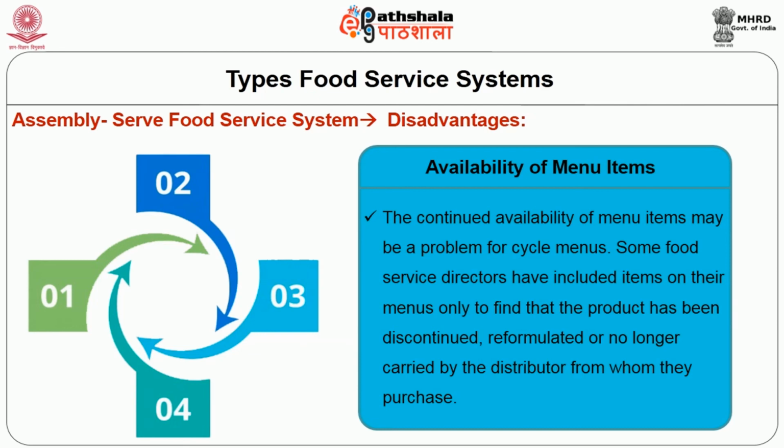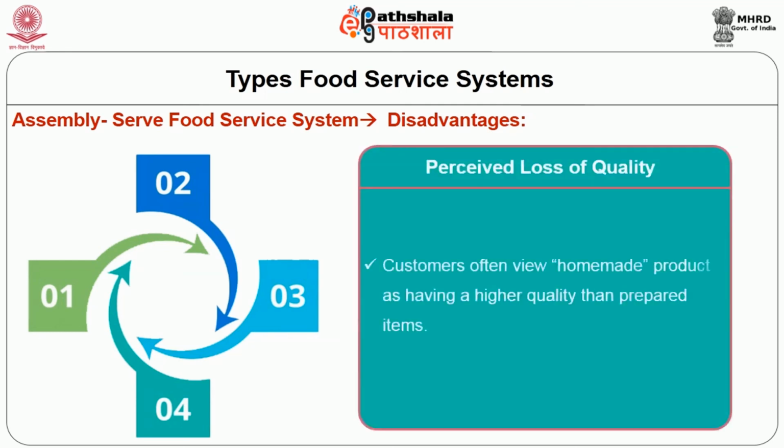Some food service directors have included items on their menus only to find that the product has been discontinued, reformulated, or no longer carried by the distributor from whom they purchase. Next is the perceived loss of quality. Customers always feel homemade product is of higher quality than the assembled prepared items.